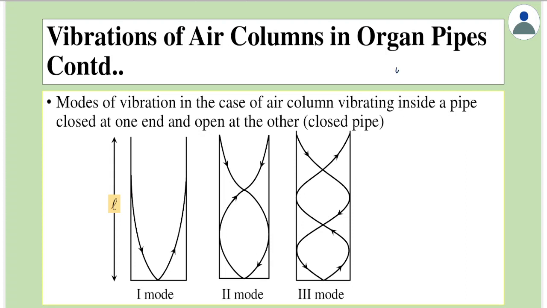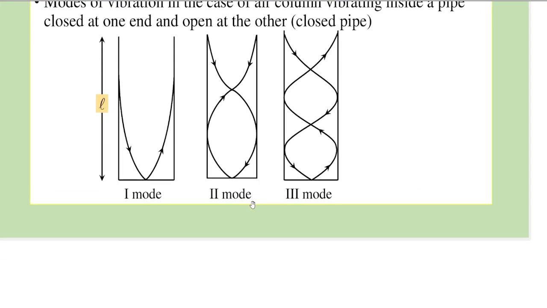An example could be a whistle, where one end is closed and the other end is free. If air is blown over the whistle, sounds are produced, and we can get different frequencies in the case of a closed organ pipe. So first consider that there is an organ pipe of length L. Since one end is closed and the other is open, here we get stationary waves.